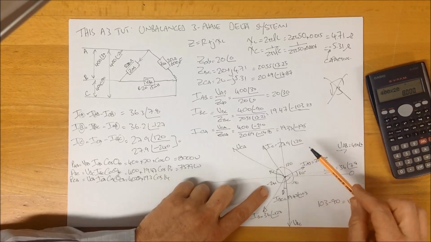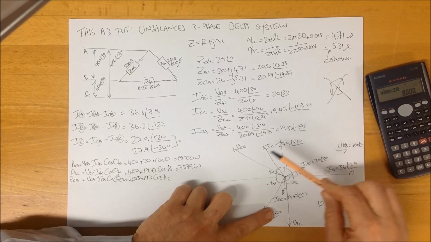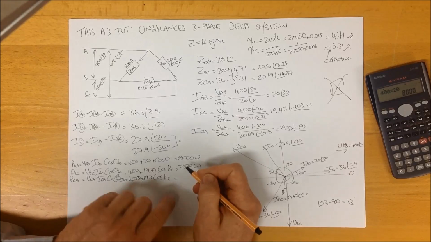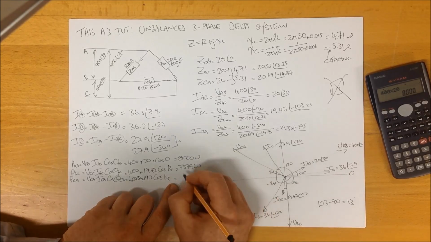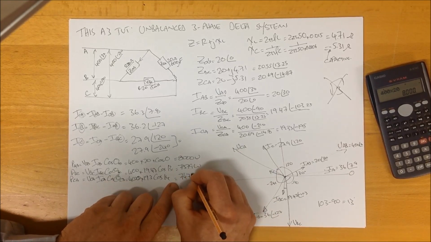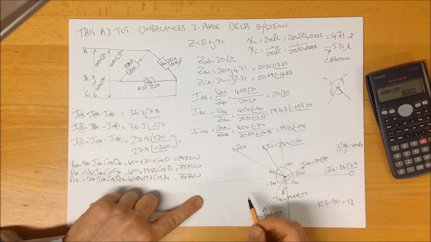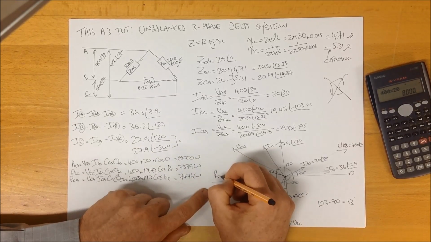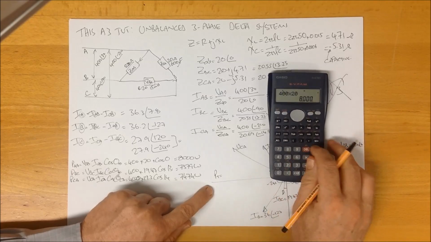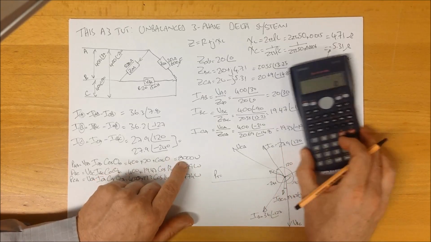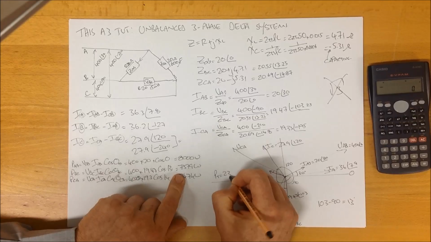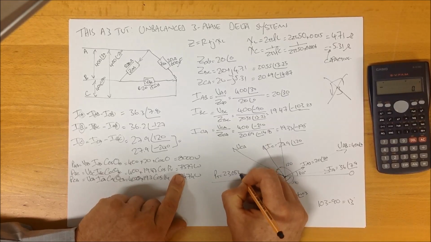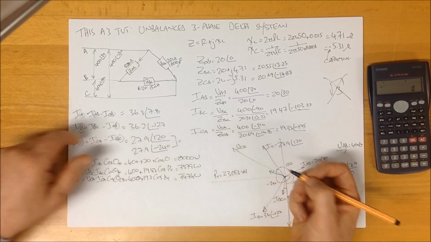It's the difference between the current and the voltage. And that gives us a solution of 7474 watts. So the total real power in the system is that plus that plus that, which is 23,053 watts.